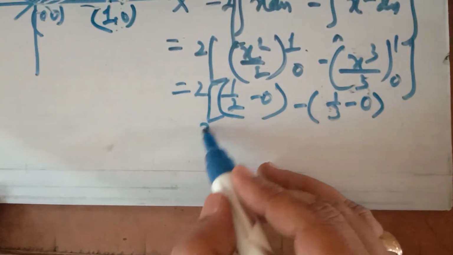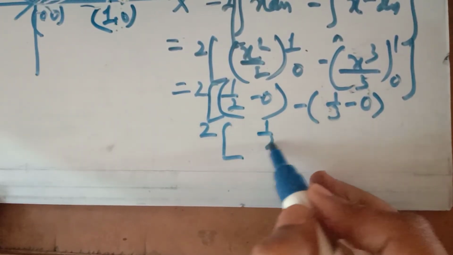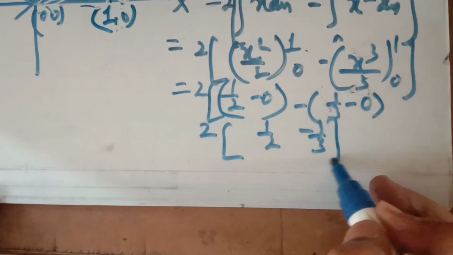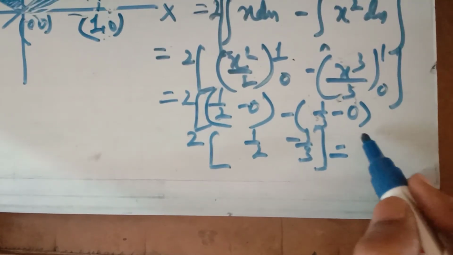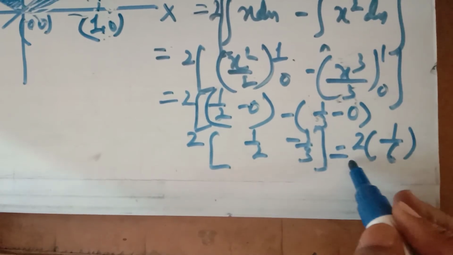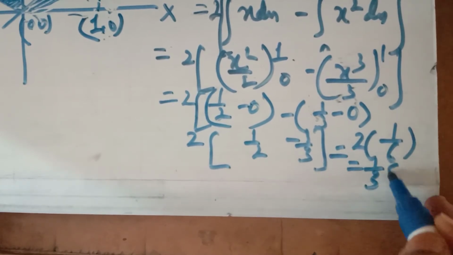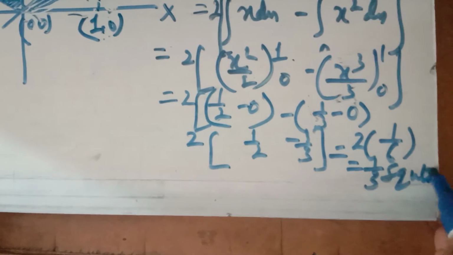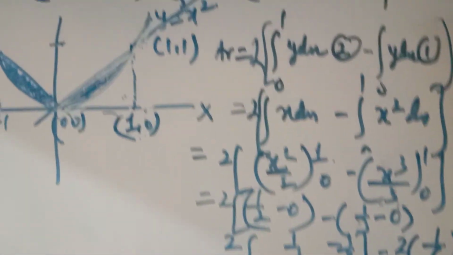So it will be 2 times (1/2 minus 1/3), which is 2 times 1/6. If you subtract, you will get 1/6, so the answer is 1/3 square units. It's the area bounded by these two curves.